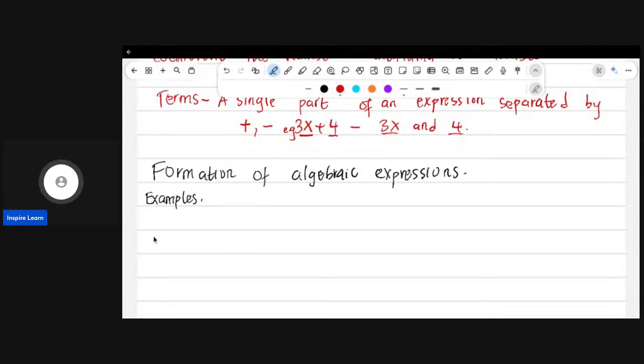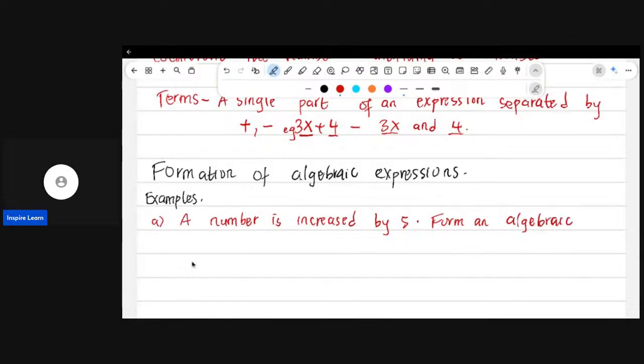Our first example is, if you're told a number is increased by 5, then you're told to form an algebraic expression.